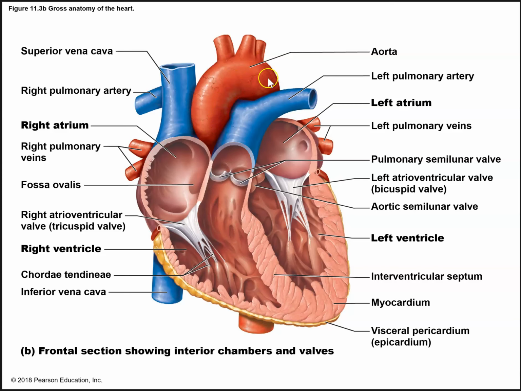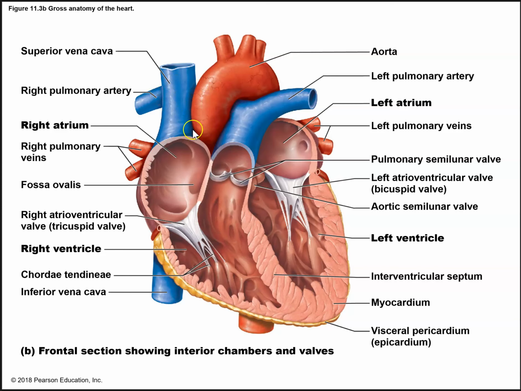These are red because they contain, for the most part, oxygenated blood. A more accurate definition of the arteries is that arteries always carry blood away from the heart. And the blue blood vessels usually carry deoxygenated blood, are usually called veins, and they carry blood towards the heart.